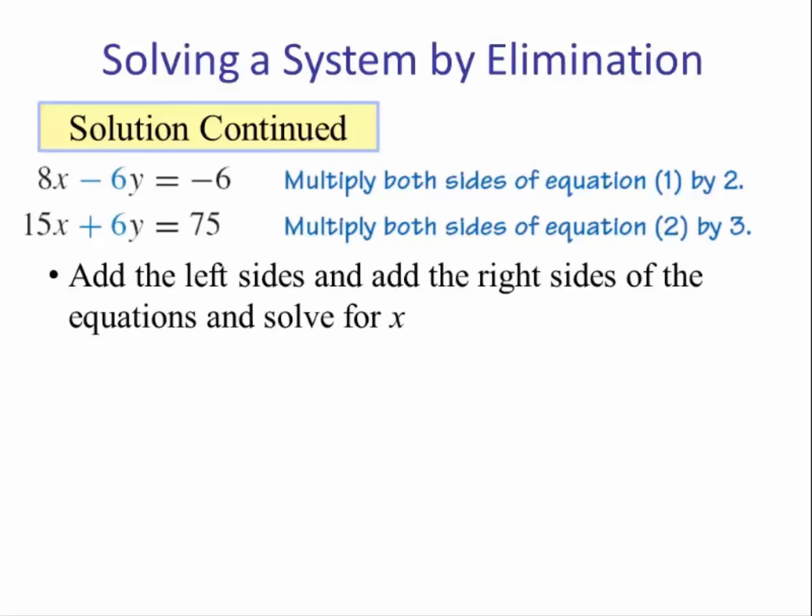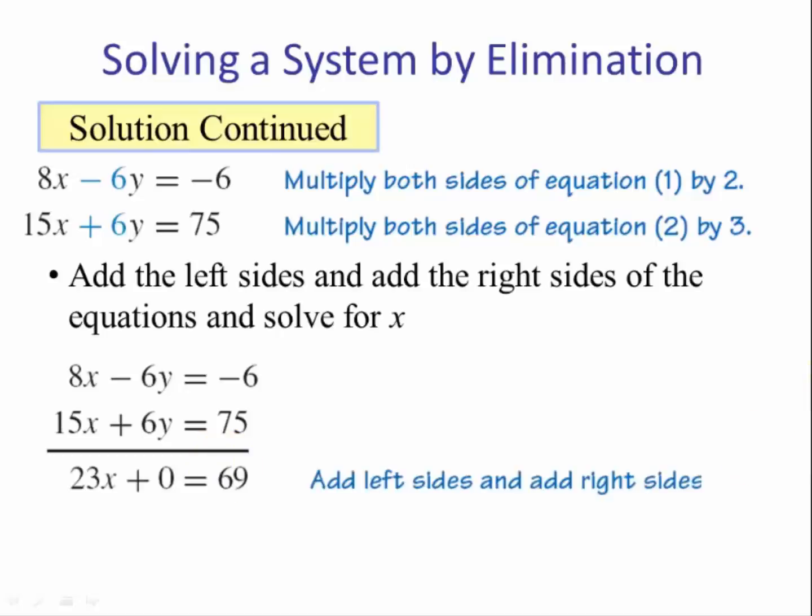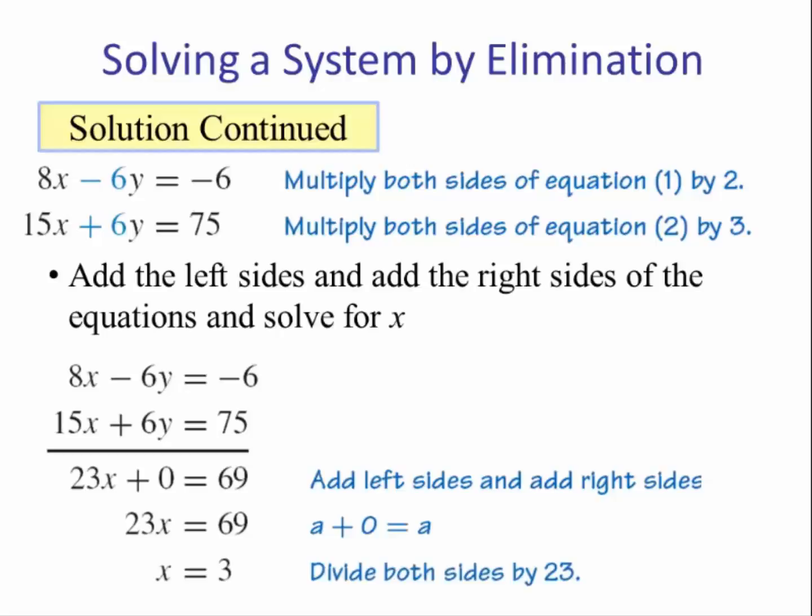Now when we add the two equations up, this is going to become 23x. This is eliminated. We bring down our equal sign, and then this will become 69. Solving for x, we divide by 23, and we see that x is equal to 3.